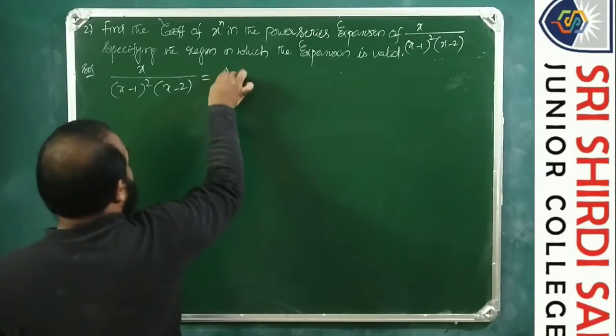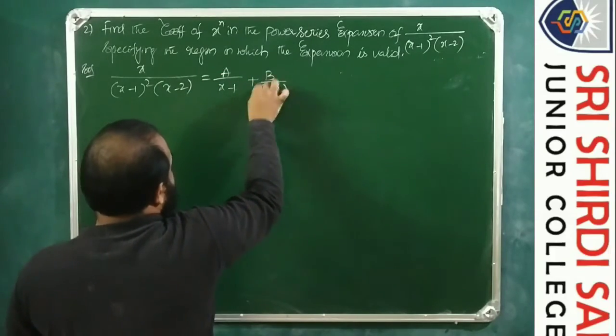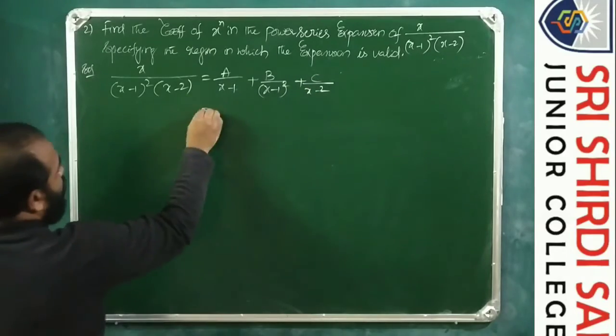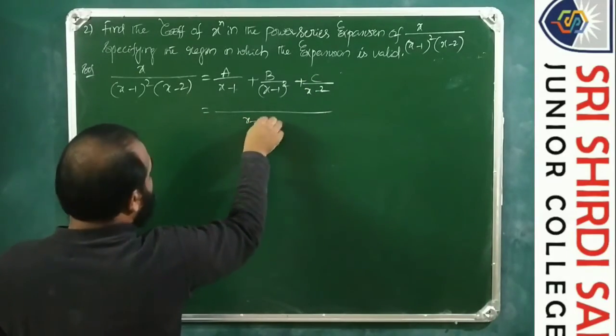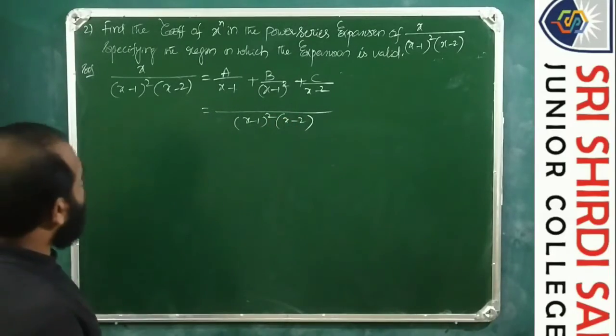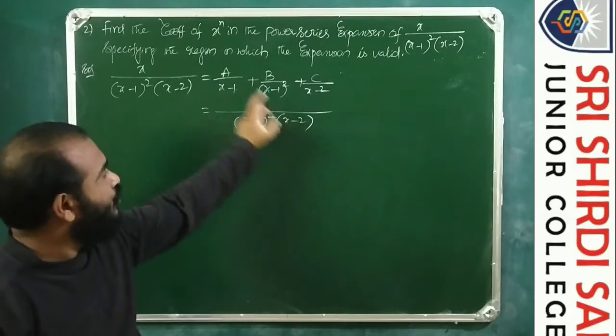So this is a by (x minus 1) plus b by (x minus 1) whole square plus c by (x minus 2). The LCM is (x minus 1) whole square into (x minus 2). So (x minus 1) whole square by (x minus 1) is (x minus 1) into (x minus 2) into a.